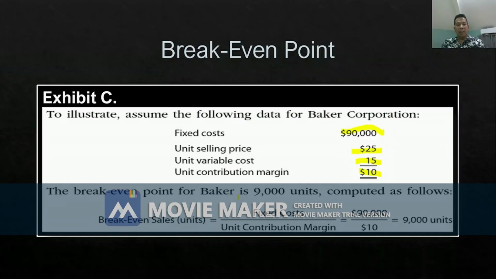So the break-even point for Beaker is 9,000 units. Bakit? Break-even sales equals fixed cost of $90,000 over the unit contribution margin of $10, which equals 9,000 units.